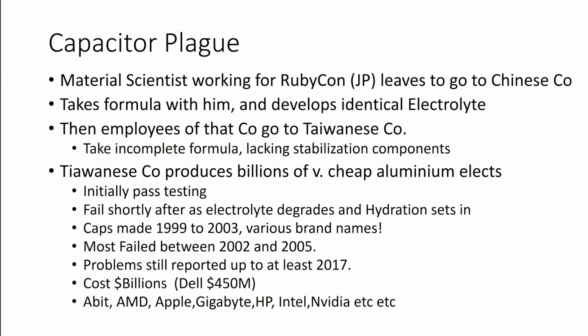And you may guess that for every motherboard that Dell make, Apple and HP and Nvidia and Intel and all these other people are doing at least as many. And so there were billions and billions and billions of dollars lost because of these plagued capacitors.